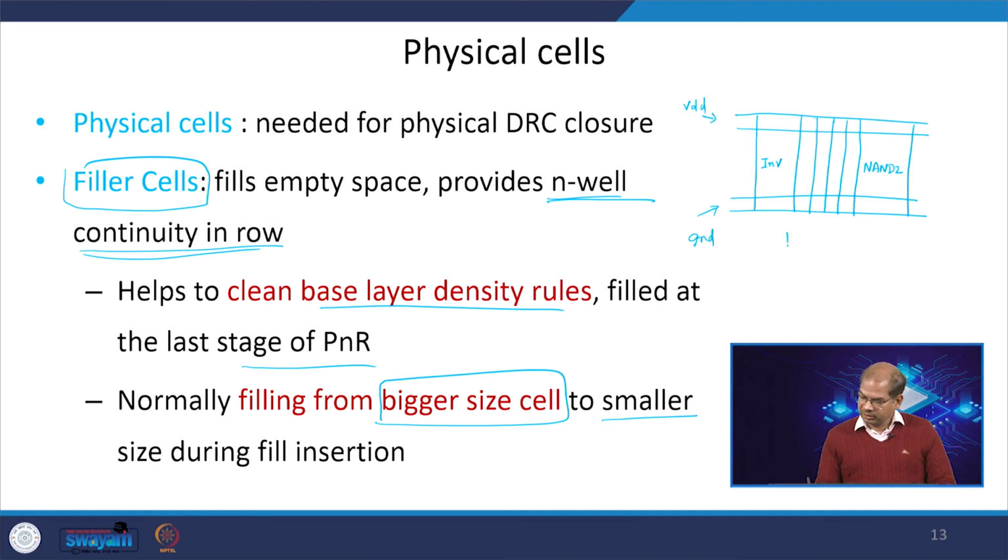The smallest one is 1x, then the wider ones are 2x, 4x, 8x, 16x and so on. Whenever you have more vacant space, the bigger 16x cell will be inserted. When there is smaller space, the 1x or 2x cells will be inserted later. So, why is it needed? It helps in removing the DRC violations in less time.